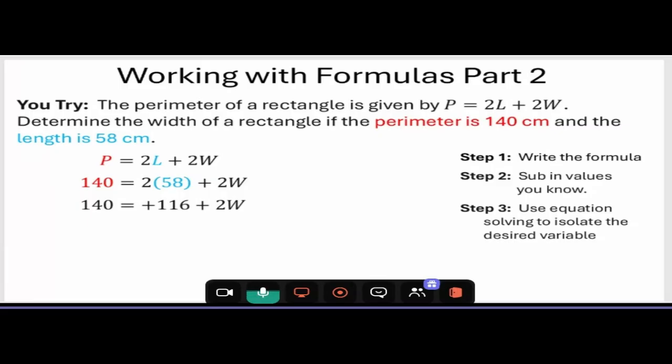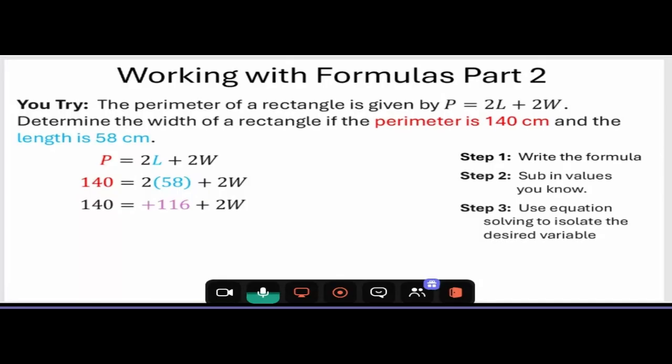And I'm just recapping what we talked about when we were going through our review stuff. Our new way of thinking about this is not that adding is something you do between two things, but rather that every term has either a plus or minus in front of it telling you whether it's going to the right or the left. So here we have an added 116 and an added 2w is how you want to think about that.